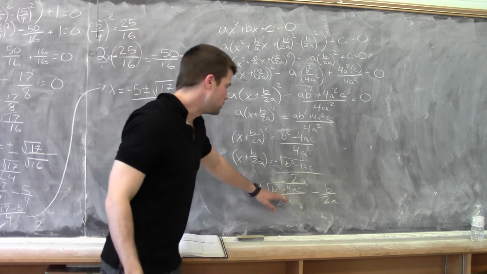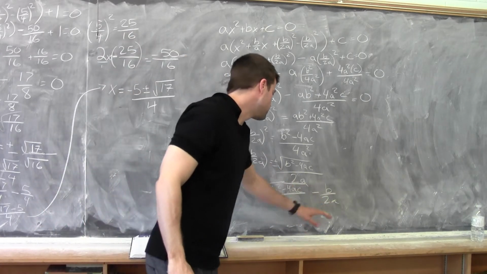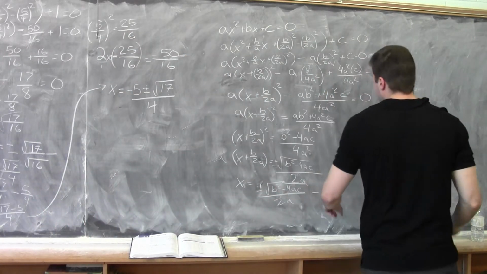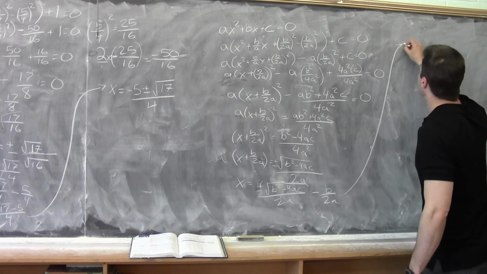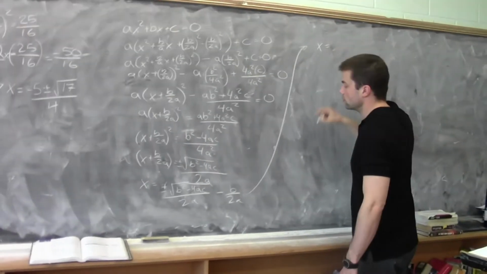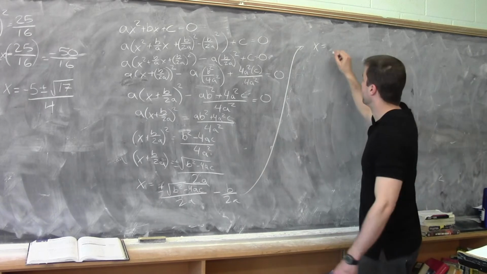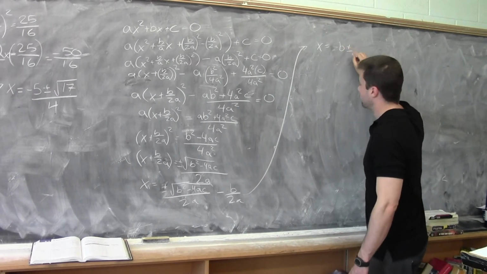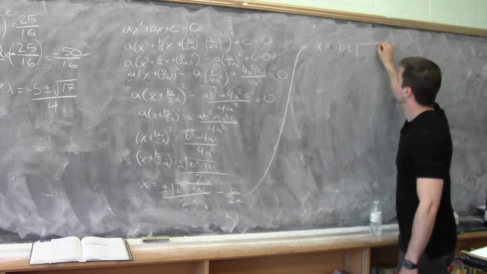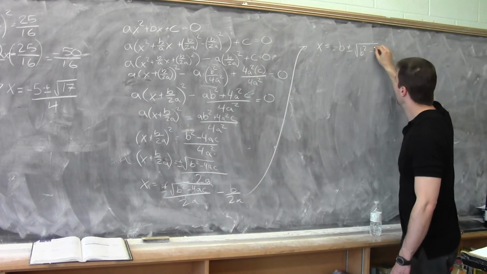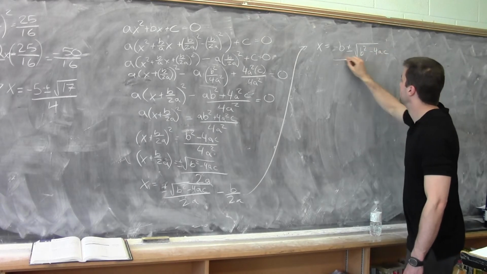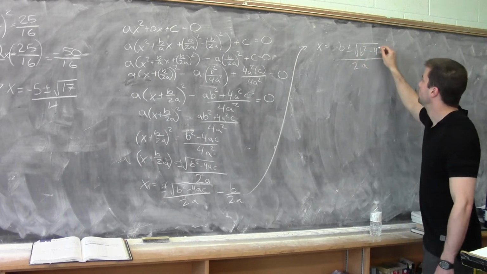Now because these two terms have a common denominator of 2a, I can combine the numerators. So I get x is equal to, I'm going to put the negative b first, negative b plus or minus square root of b squared minus 4ac all over 2a.